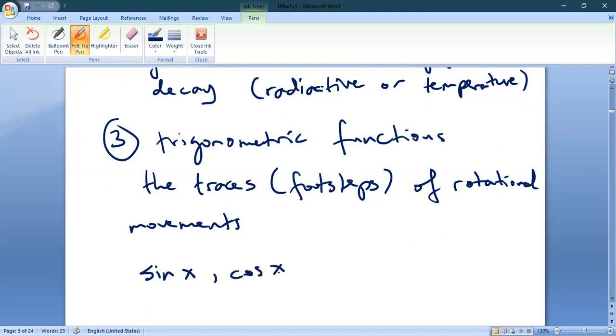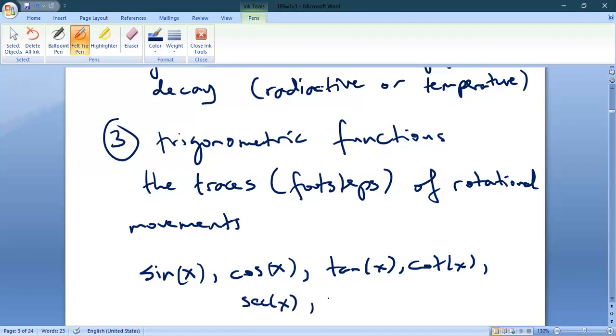Sine of x, cosine of x, tangent of x, cotangent of x, and there are two more, secant of x and cosecant of x.